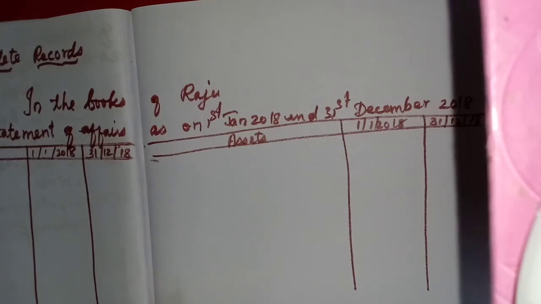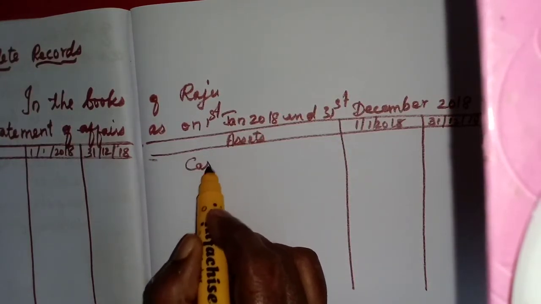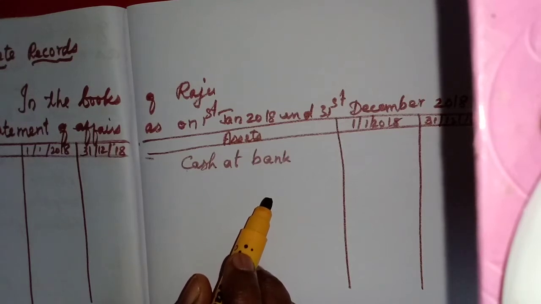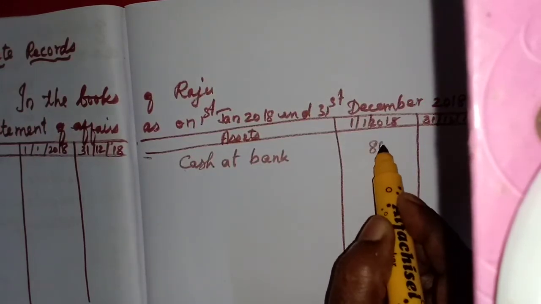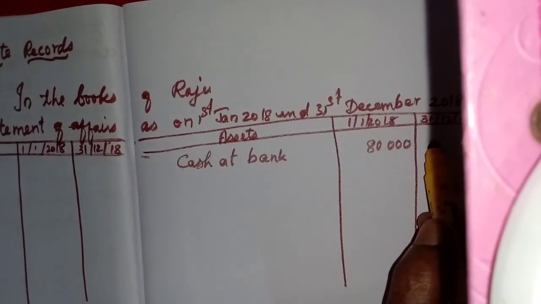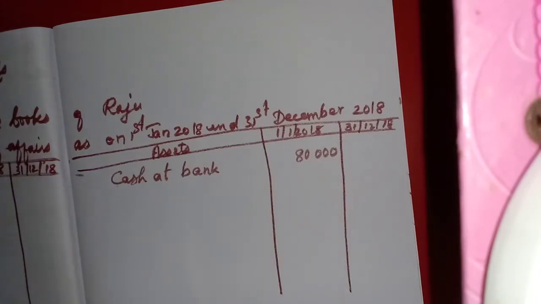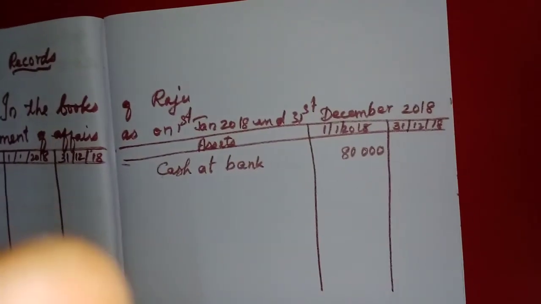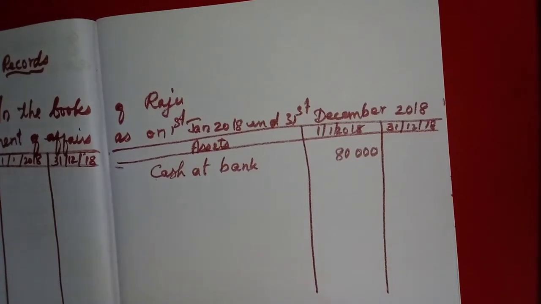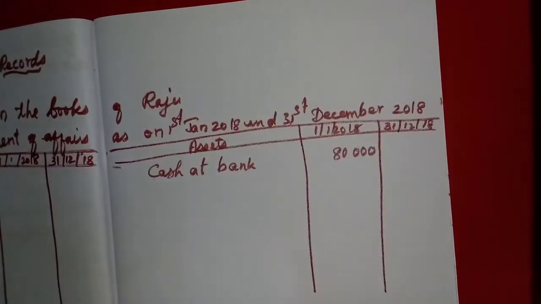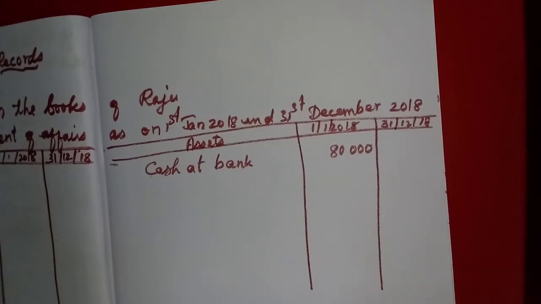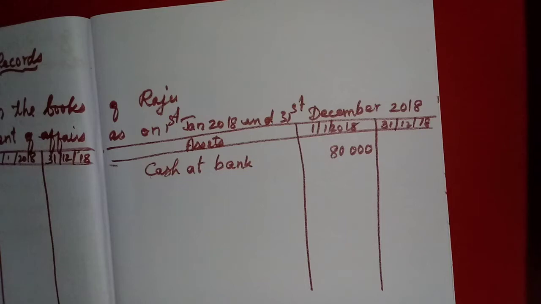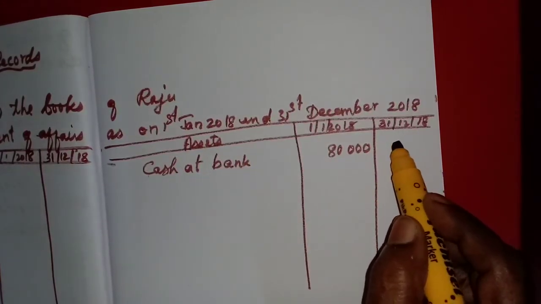First, what is given? Cash at bank, assets. Cash at bank 80,000, here 90,000.